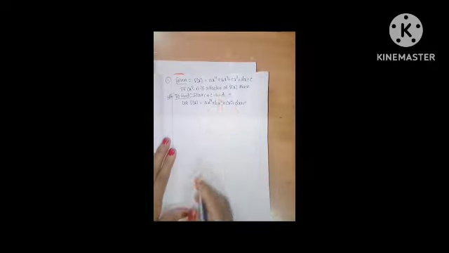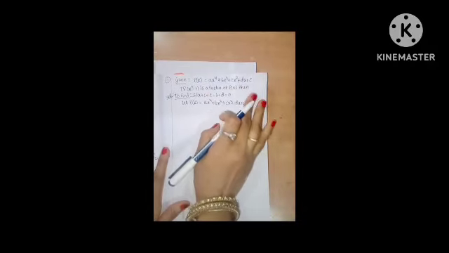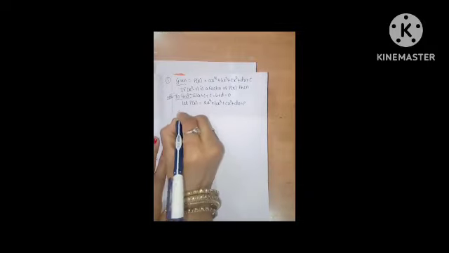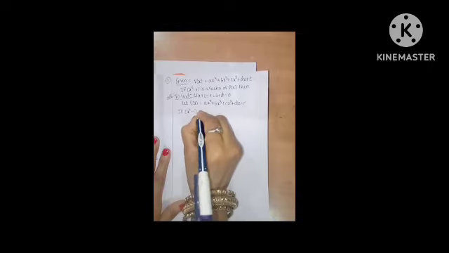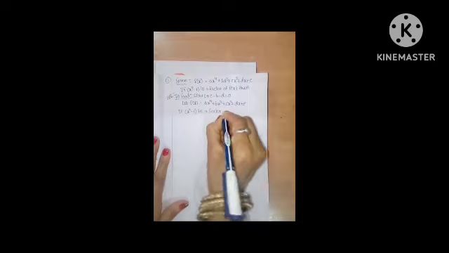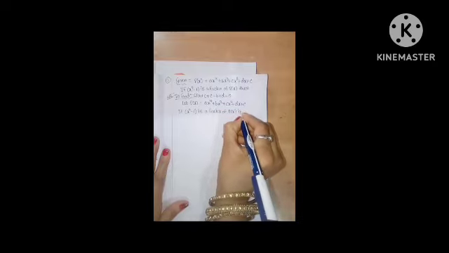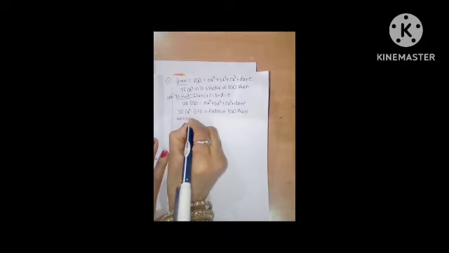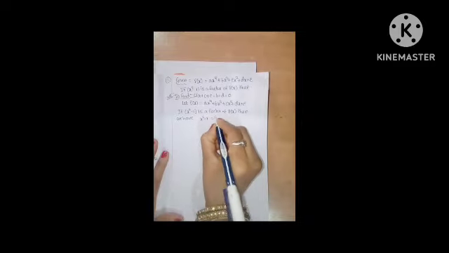Next, one factor is given. Is it a factor of p of x? Then we have to calculate the values. First, if x square minus 1 is a factor of p of x, then we have x square minus 1 equal to 0.